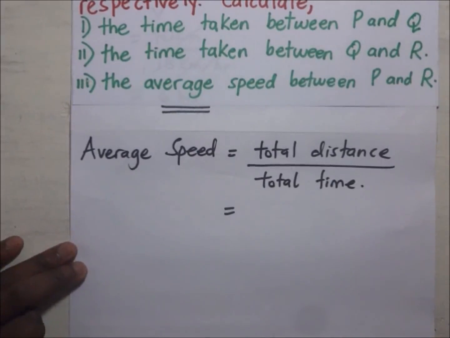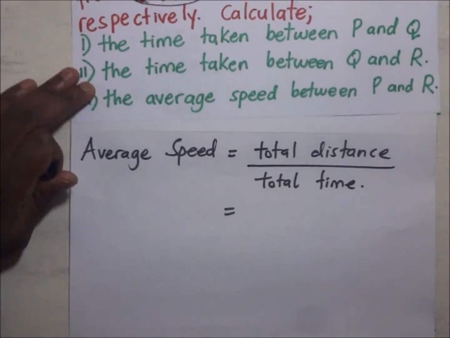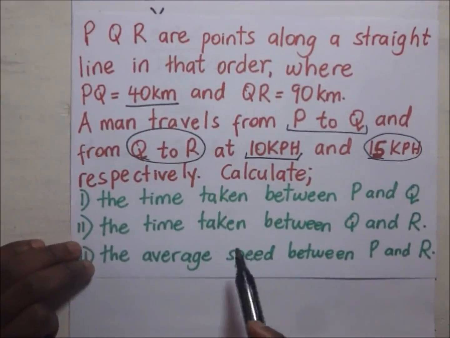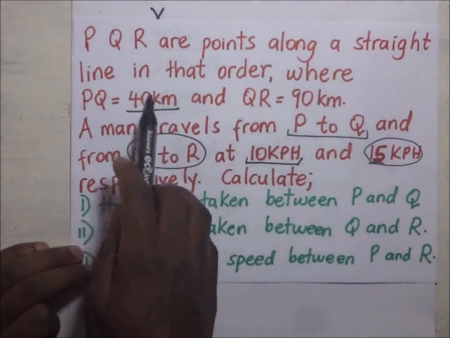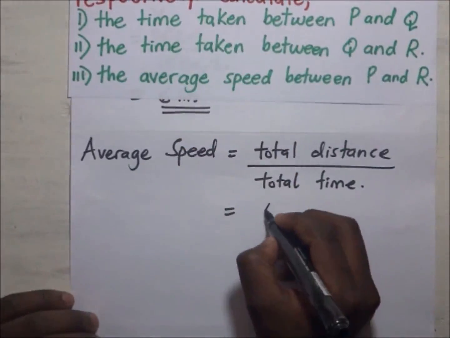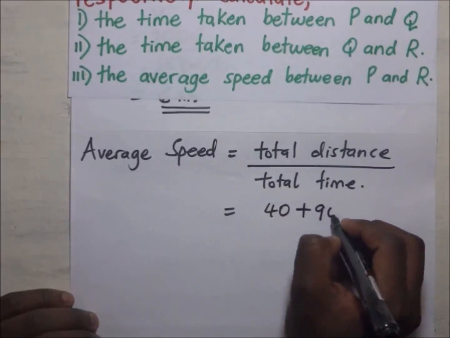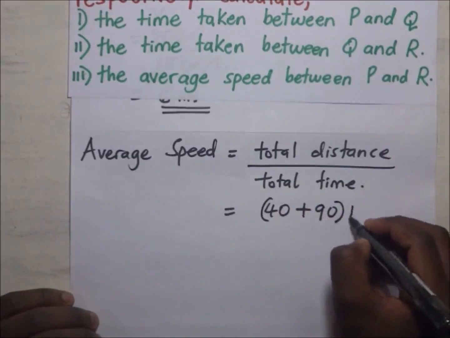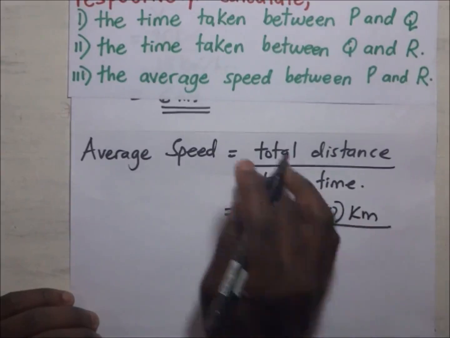So to find the total distance is adding up the two distances. We know that from P to Q is 40 kilometers, and then from Q to R is 90 kilometers. So it's going to be 40 plus 90. All this distance is in kilometers. Divide that by the total time.